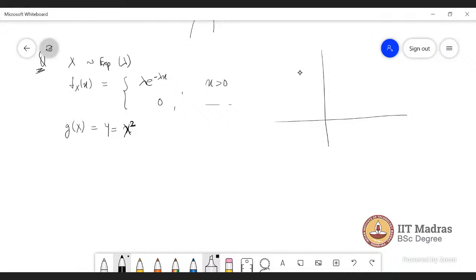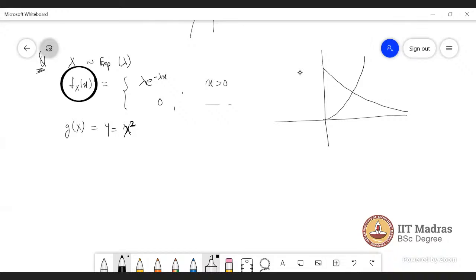So this is your x square. In the support of x, your g(x) is increasing. So we can use this.